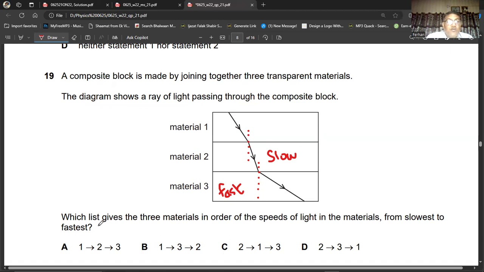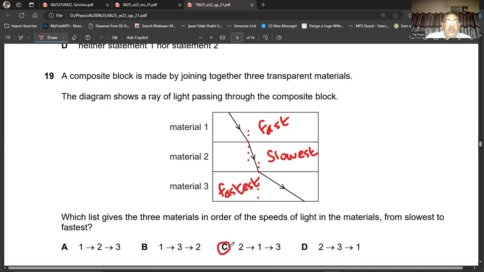Which list gives the three materials in order of the speed of light in the materials from slowest to fastest? I think the slowest speed is here, and the fastest is here. So 2, then 1, and then 3.